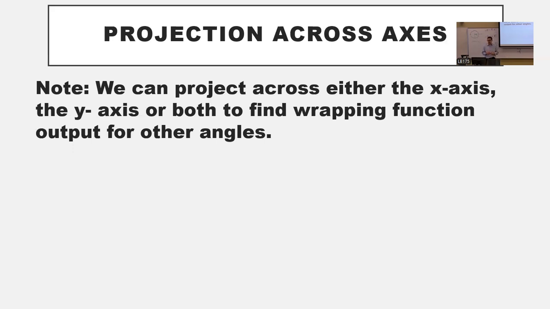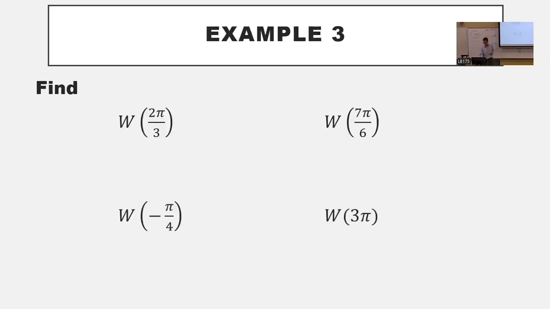Okay. So we can use the pi over 6, pi over 3, pi over 4 angles to give us all kinds of different angles around the unit circle, and we can do that in lots of different ways.